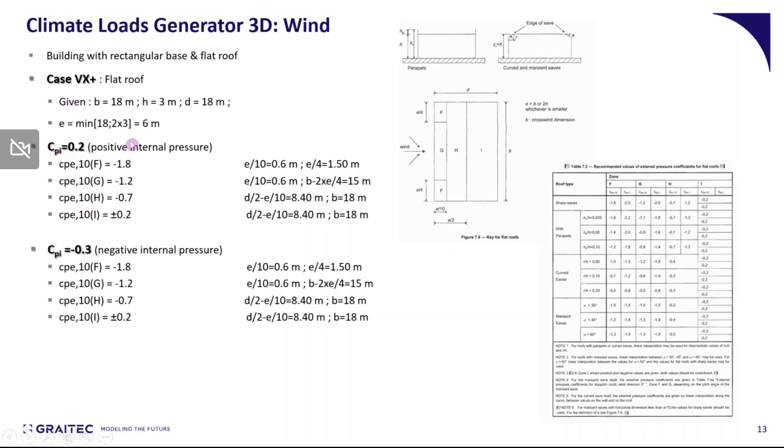Assuming a positive Cpi means that the Cpe for zone I needs to be 0.2 first and minus 0.2, which leads to 2 combinations here. And again, in order to consider both values of Cpi, it is going to create 2 different combinations for a negative Cpi.